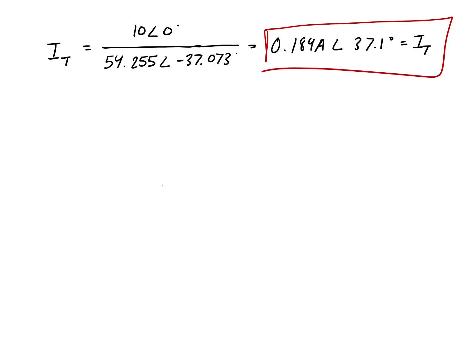In case you wanted to see what that looks like, if we did it with Vy, we would have 10 at 0 degrees, and then we'd have 0.01843 at an angle of 52.9269.